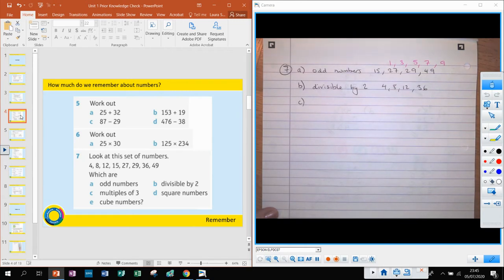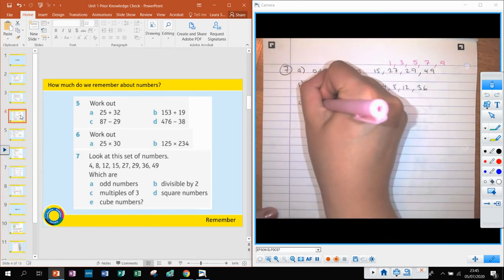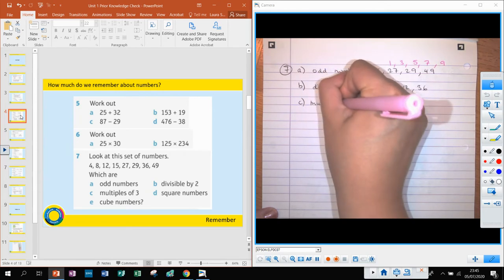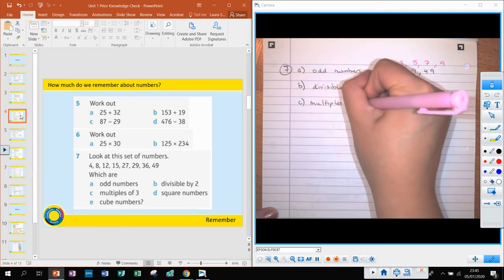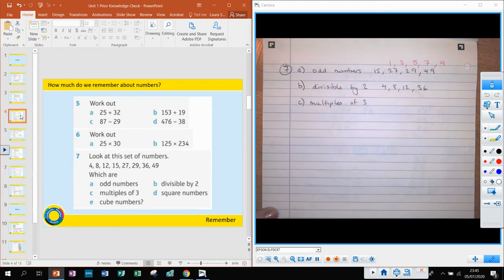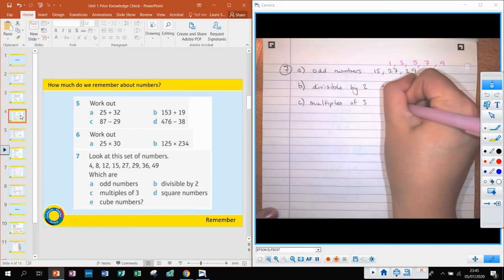Part C, we're looking for multiples of 3. So that means something I can divide by 3. It's in the 3 times table. Okay? So how you think about that is up to you, but it's to do with multiplying. All right, so if I did 4 divided by 3, I would not get an integer value or a whole number. 8 divided by 3, no. 12 divided by 3 is 4, so 12 is correct.